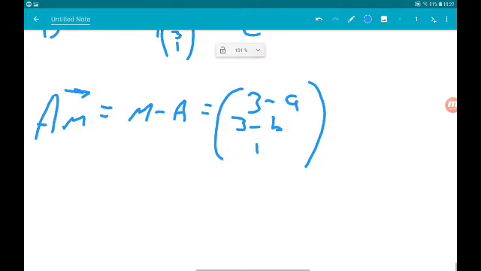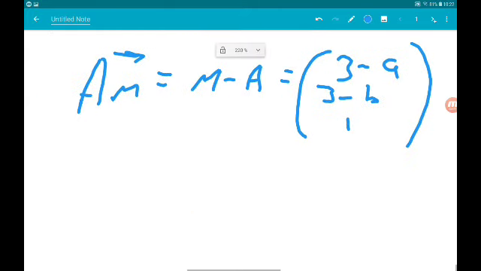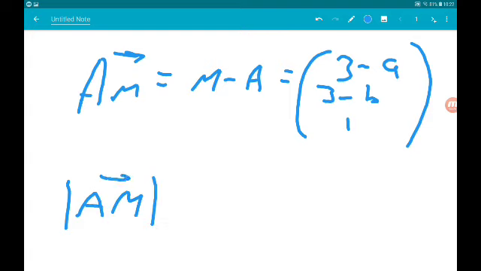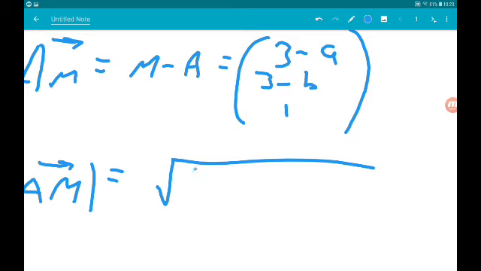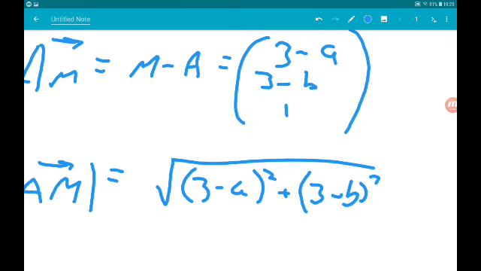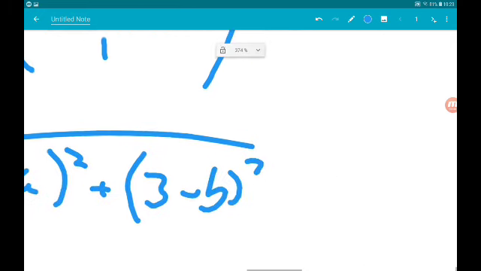So the magnitude of AM, or the length AM, is the square root of 3 minus a squared add 3 minus b squared add 1.